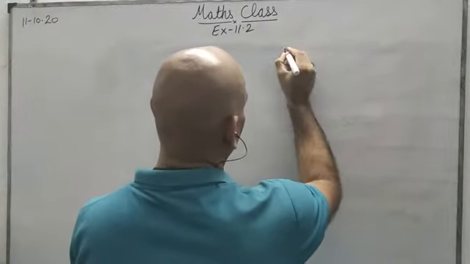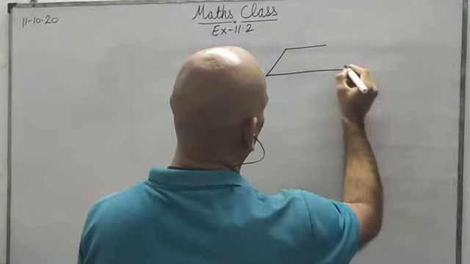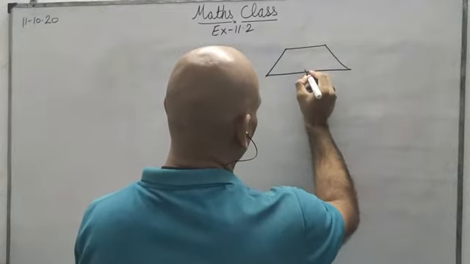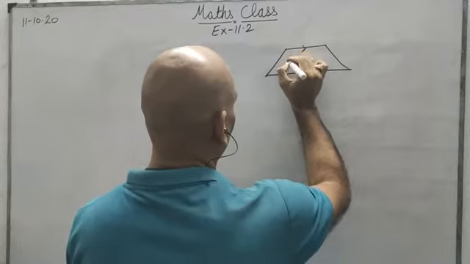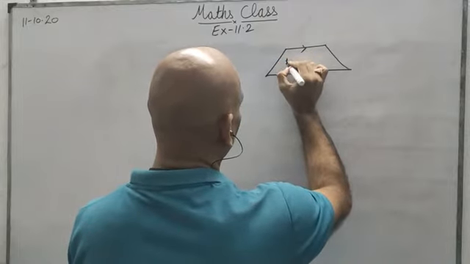You all know trapezium? A trapezium is a shape which has one pair of parallel lines. This line and this line are parallel. And we know the height.